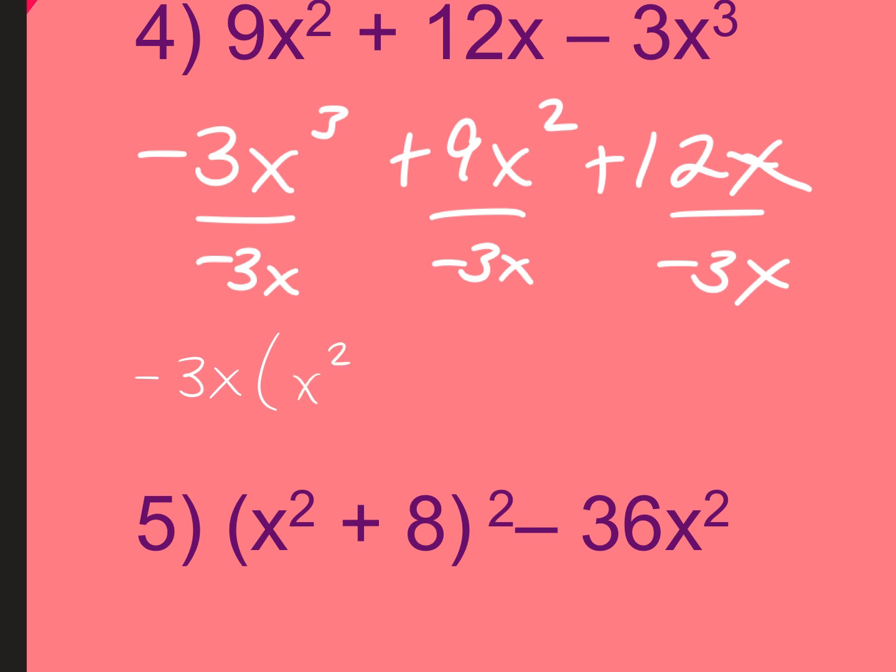9 divided by negative 3 is? Perfect. And then 12 divided by negative 3 is? Negative 4. Okay. Have I factored this completely? Yes. Let's think about it for a second. Is this a perfect square trinomial? Hold on.